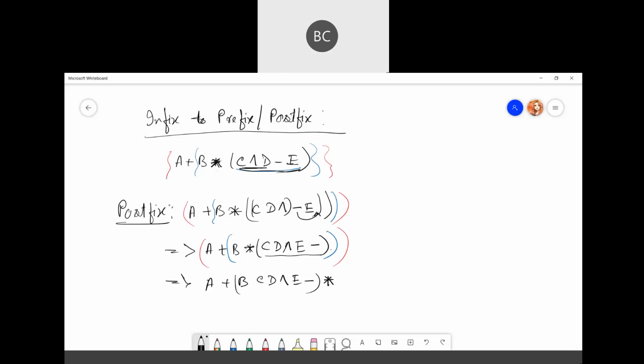Now you have to do this part, so ultimately the addition sign will come here. The final expression will be A B C D exponential E minus multiplication and plus. This is the postfix notation for this infix expression.